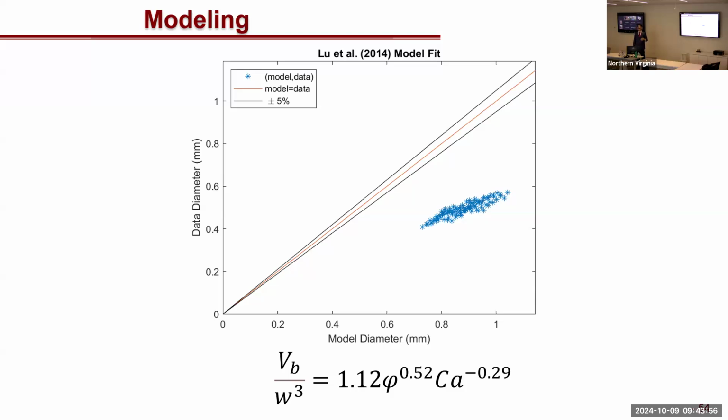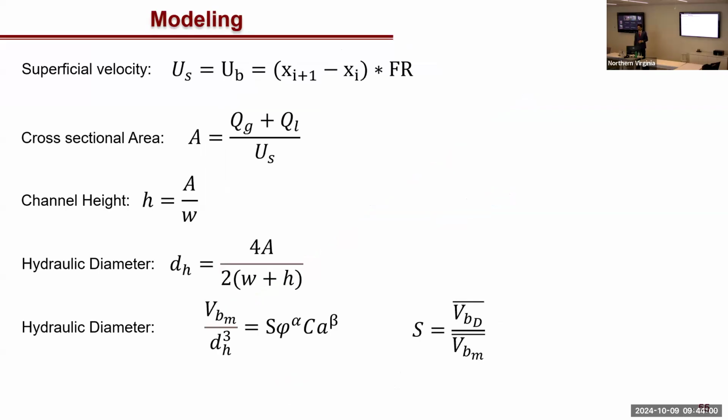In order to see what the new depth of this was, we used the following process. We assumed that the superficial velocity of injection equaled the velocity of the bubbles in the microchannel. So we tracked how far the bubble traveled from frame to frame to calculate the velocity. We assumed that this was the superficial velocity, and then we calculated the cross-sectional area of the microchannels from the superficial velocity.